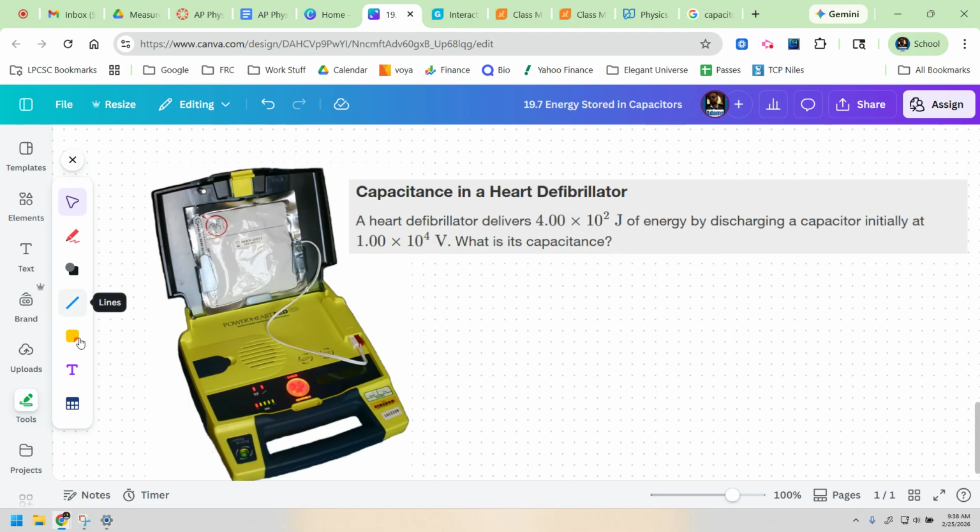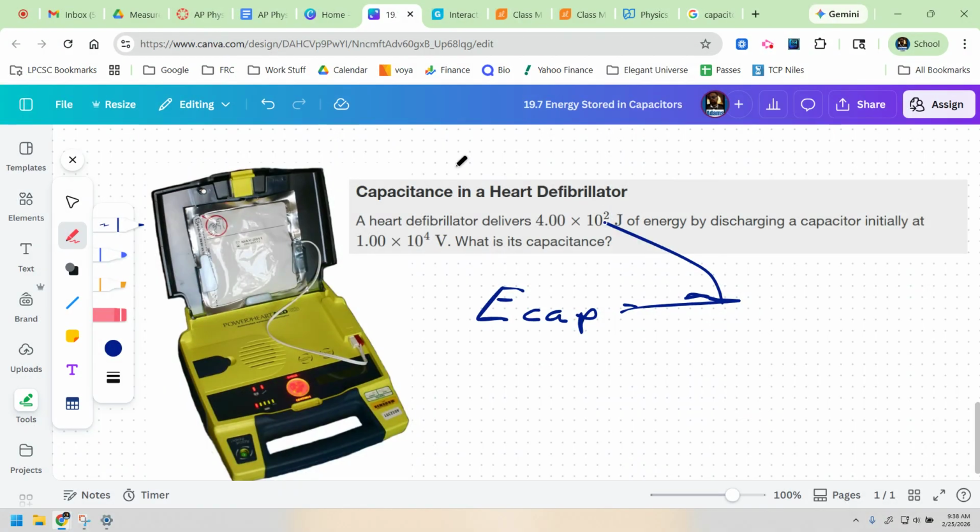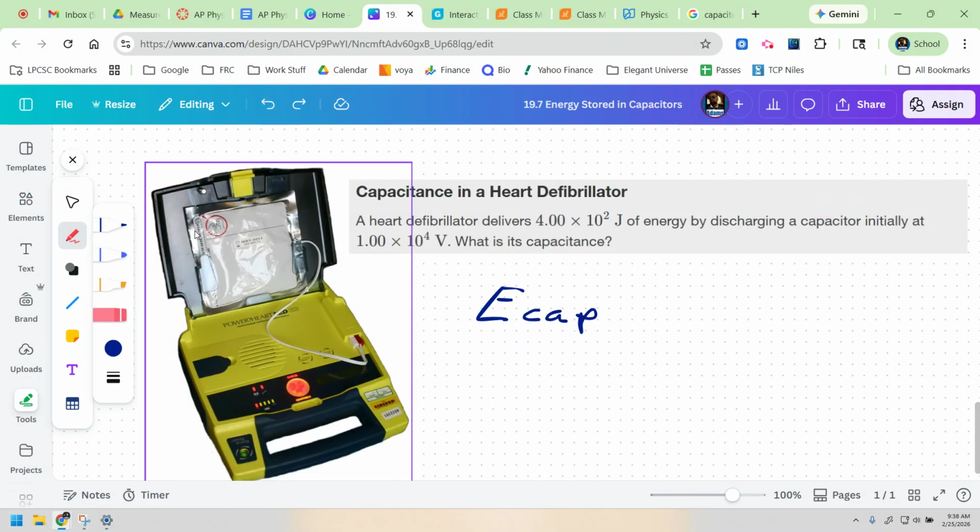So to find the capacitance, we start with our equations where we say that the energy stored is equal to the capacitance times the voltage squared.